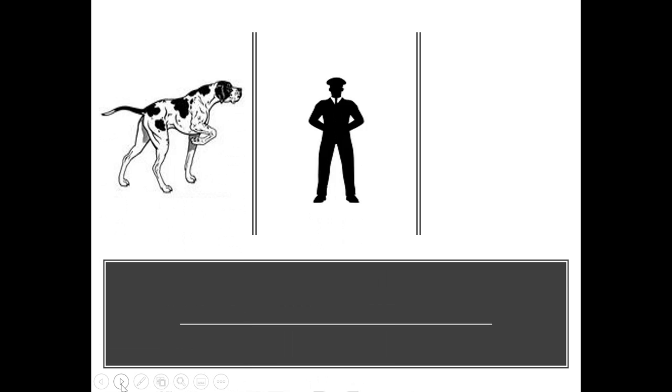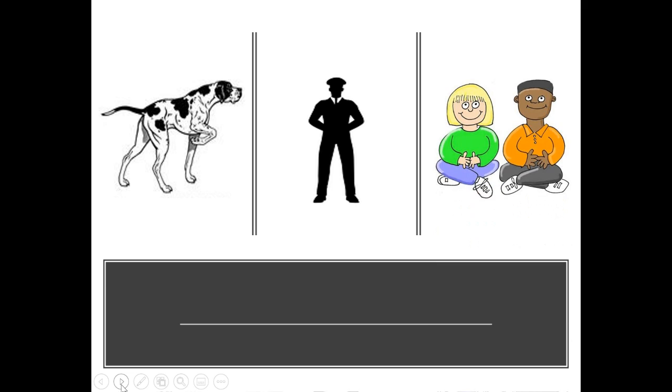Next group of pictures, what do you notice or see? I notice or I see. Well, in the first picture, I noticed that a dog is standing at attention or standing very still and looking closely.